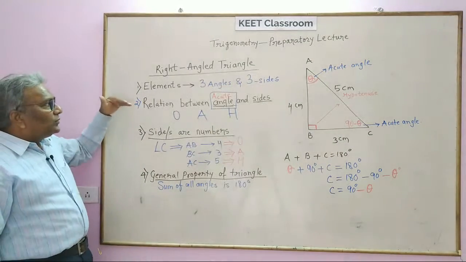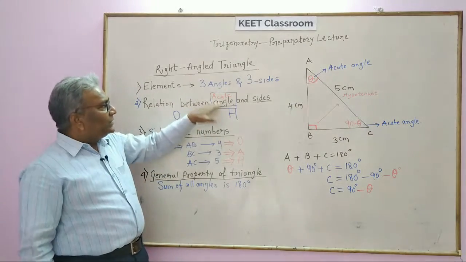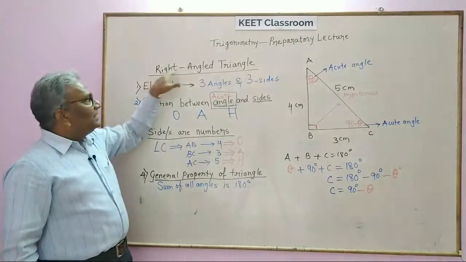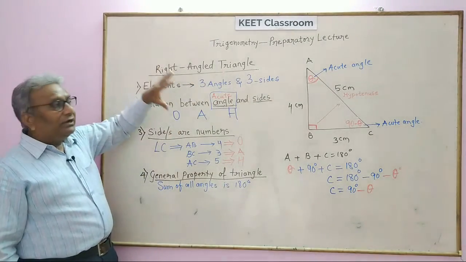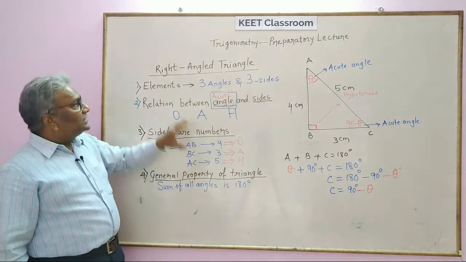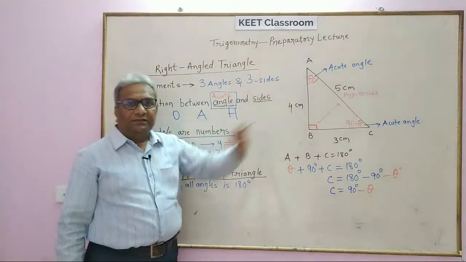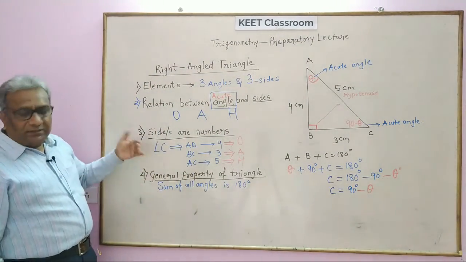So in short, what we have to do is find the relation between the acute angle and the sides of a right angle triangle. Initially we focused that whatever discussion we are going to do is always in relation to a right angle triangle as far as trigonometry is concerned. So from this, now we will sum up.